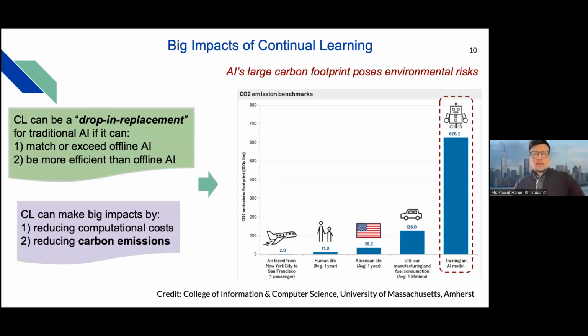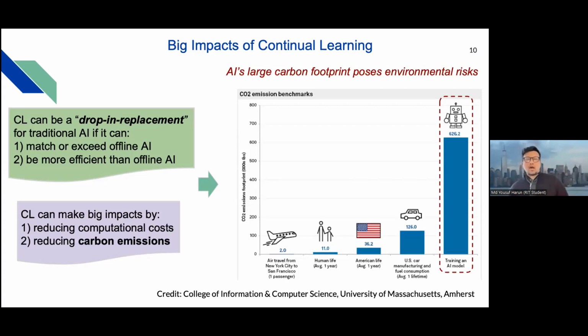So what would be the big impacts of continual learning? As we can see, training an AI model is very expensive, and it has environmental limitations, like it emits a huge amount of carbon emissions, which you can see in this figure; it's significantly larger than any other source of carbon emissions.